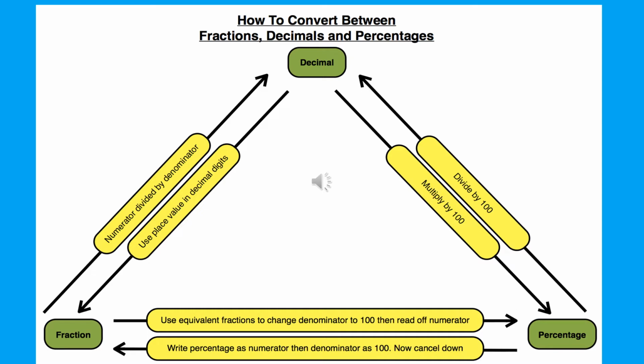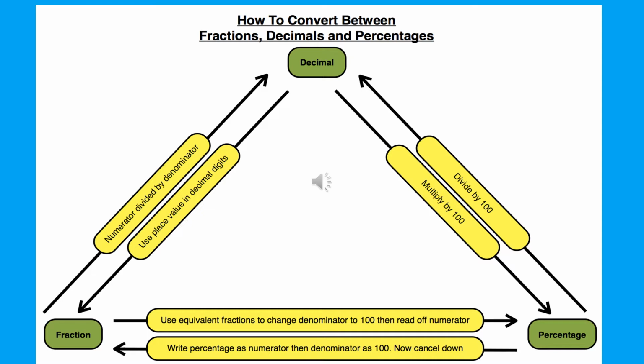I think the most common mistake in exams is converting between fraction and percent, because this conversion triangle is a bit undescriptive. It says use equivalent fractions to change denominator to 100 and then read off the numerator.